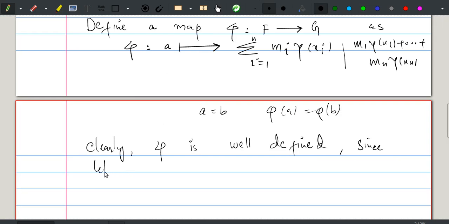Let a, b belong to F such that a is equal to b.